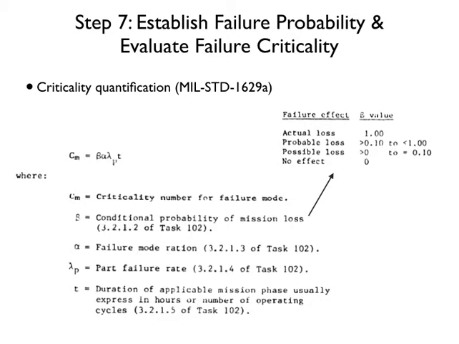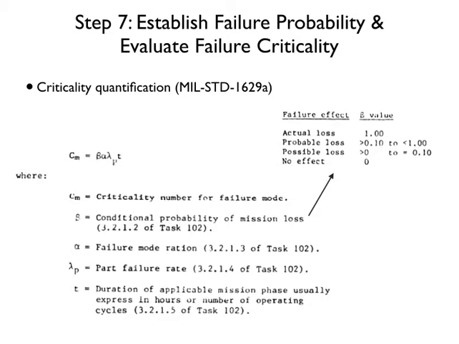The alpha values for those 3 failure modes will be 0.8, 0.15, and 0.05. So combined together, they'll equal 1. And this is just a way to express, given that the component fails, it's going to fail into one of these 3 failure modes, okay?